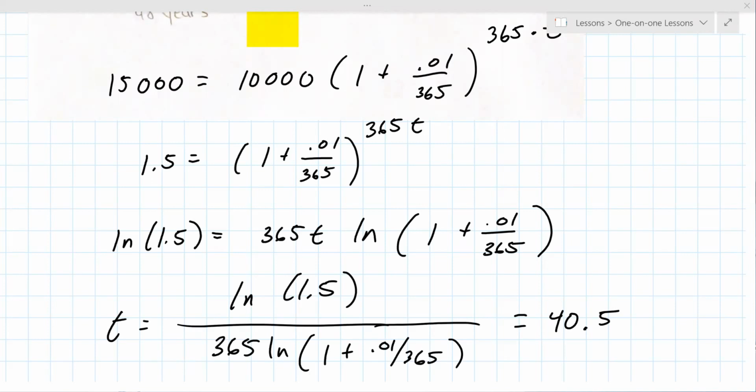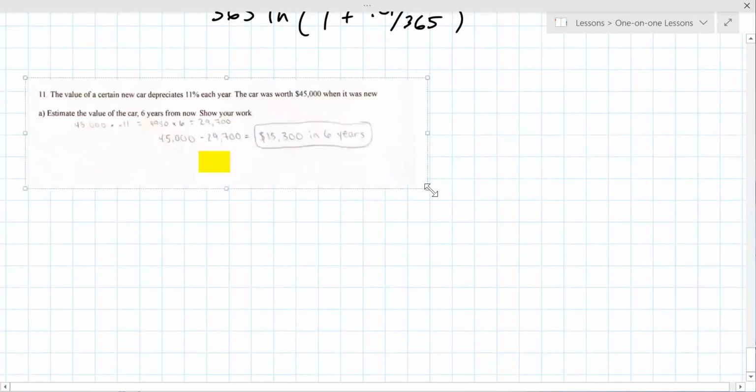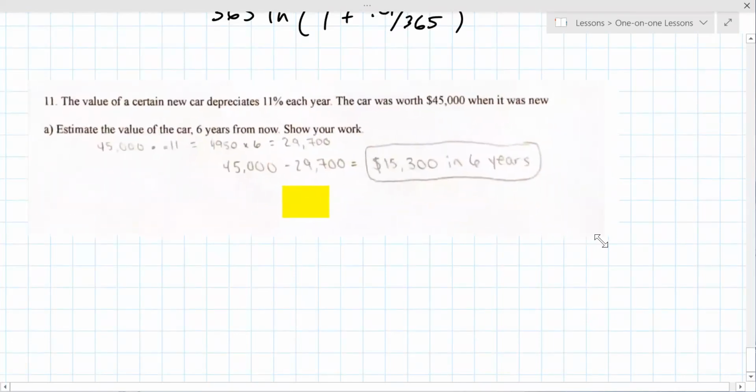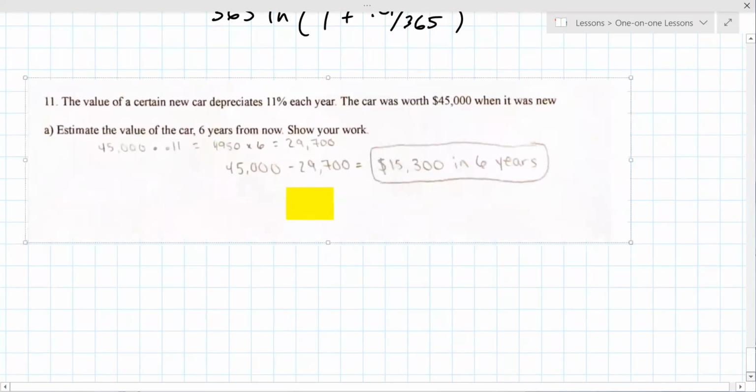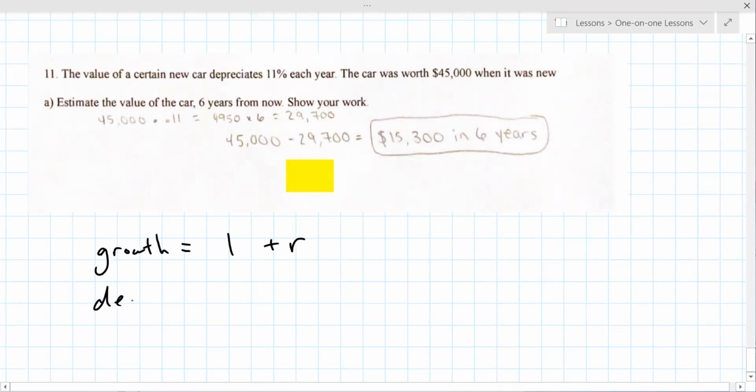All right, I'm going to move on to 11, unless there's some follow-up to that. Nope, I'm good. Okay, the value of a certain car depreciates 11% each year. If it went up in value, your growth is equal to 1 plus r. Your decay is always equal to 1 minus r.